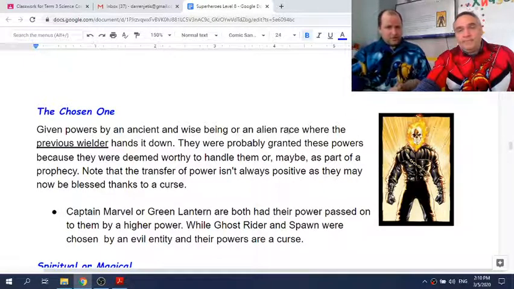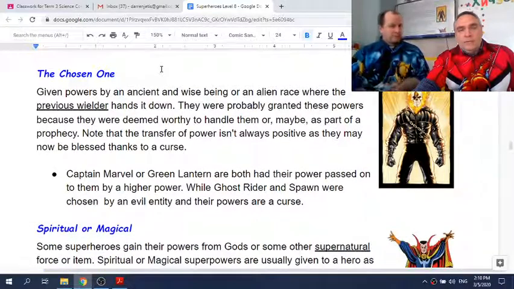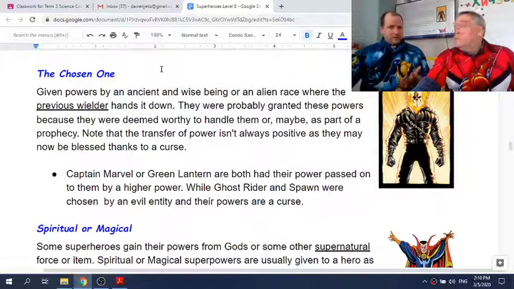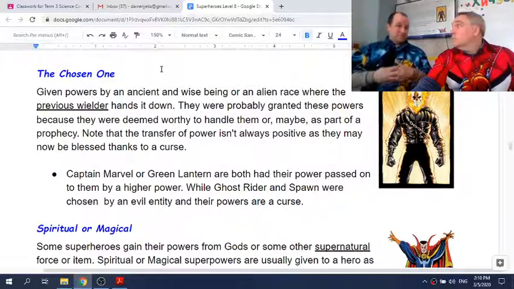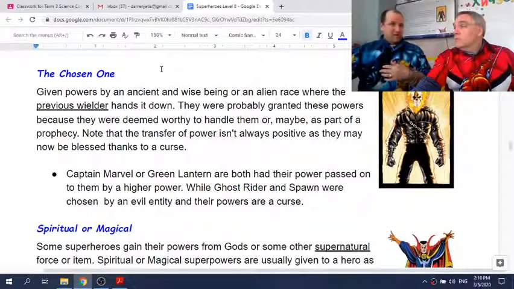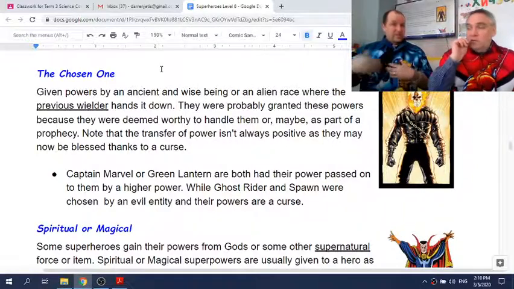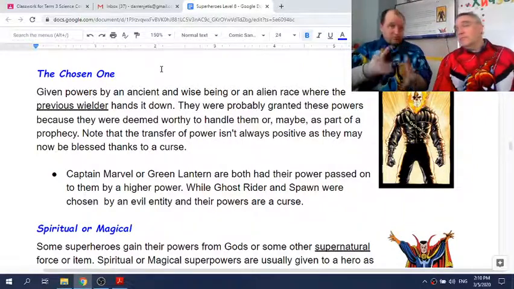The chosen one, yeah, Captain Marvel or the Green Lantern. If you know the Green Lantern, the ring came to him from the Green Lantern Corps, and he became the Green Lantern of Earth. Captain Marvel, the original Captain Marvel, actually got their superpower from the Kree, an alien race that chose, in the movies, yeah, that chose her.